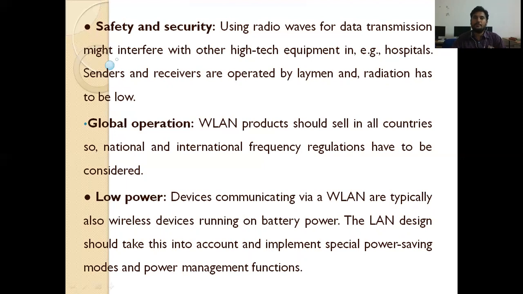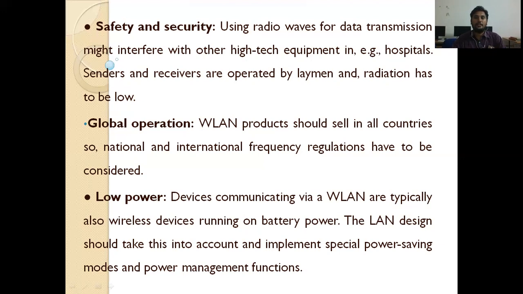And low power devices communicating via a wireless LAN are typically wireless devices running on battery power. So the LAN design should take this into account and implement special power saving modes and power management functions for wireless. So that is one of the disadvantages.